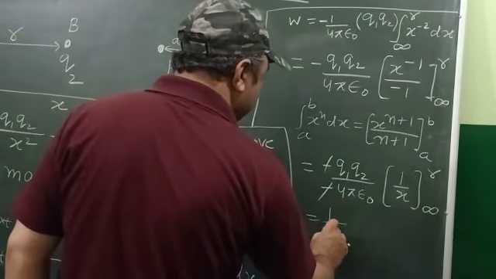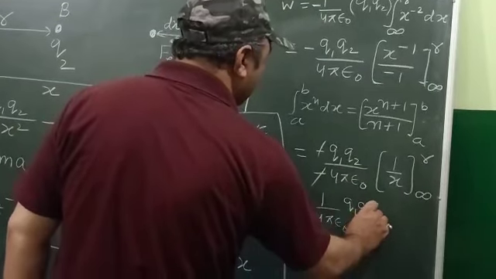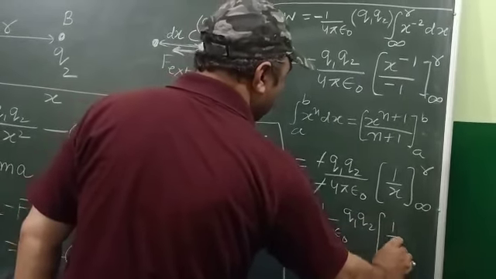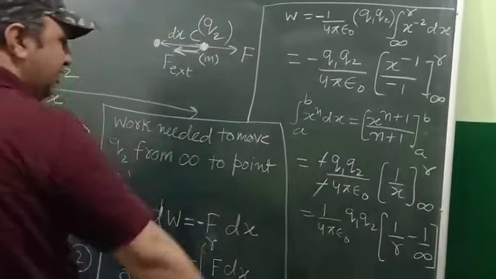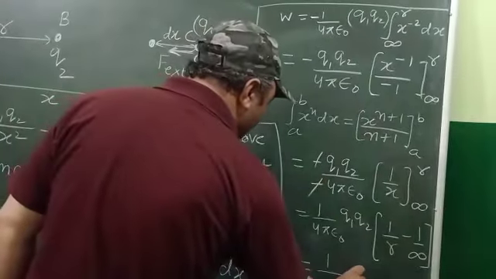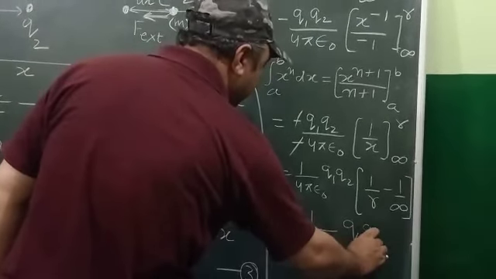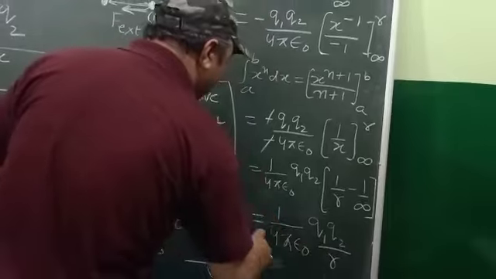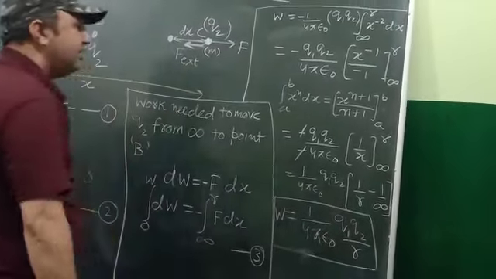So this becomes 1 upon 4 pi epsilon naught q1 q2, 1 upon r minus 1 upon infinity, and 1 upon infinity tends to 0. So the overall work done in the process is q1 q2 upon r, and that is our overall work done in the process.